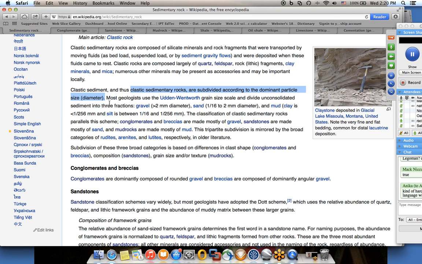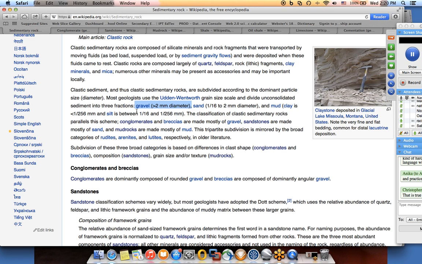And so we see that gravel is stones or loose rock that is greater than 2 millimeters in diameter. Sand is between 1/16 and 2 millimeters. I can get that, I understand that. So now I know what is gravel, what is sand.